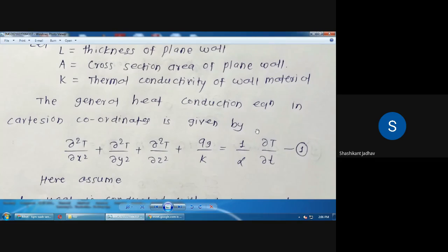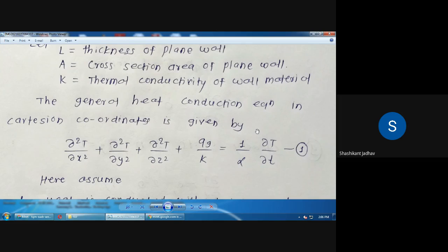In yesterday's lecture we derived the general heat conduction equation for the Cartesian coordinate system. By using that equation we have to derive the equation for Q for the plane wall. So first of all we have to write down the general heat conduction equation in Cartesian coordinates.